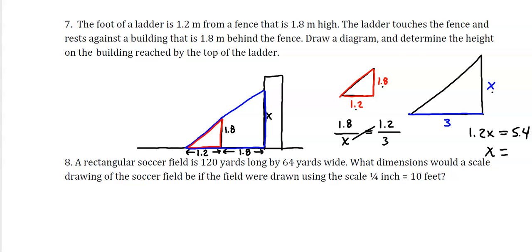And then divide. And that comes out to be, I put that in my calculator earlier. 1.8 over x, 1.2 over 3. Looks like I didn't put this in my calculator.